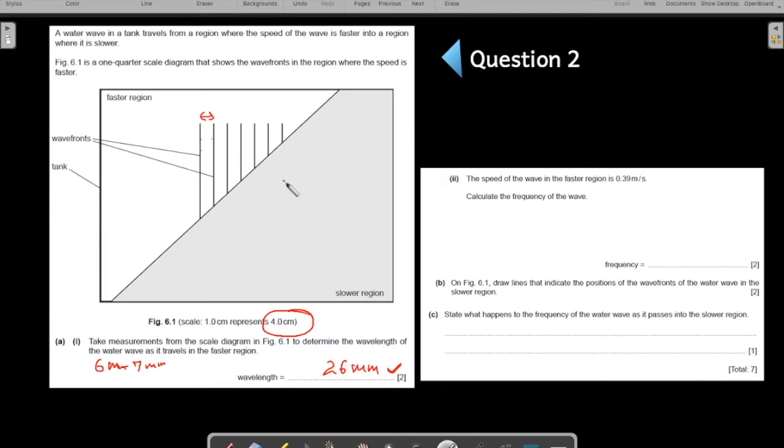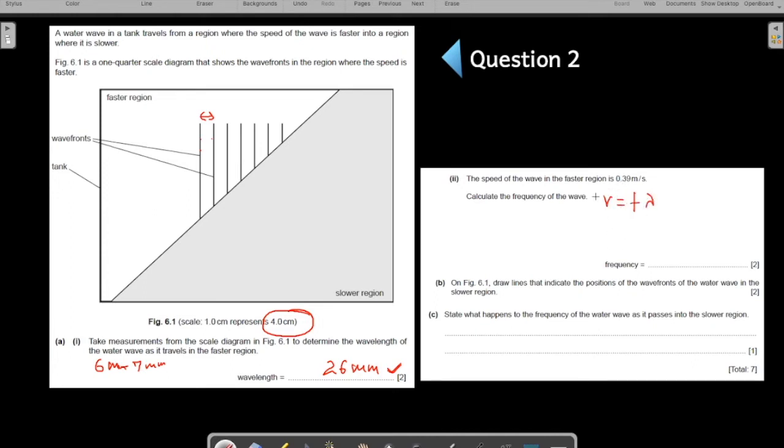All right. The speed of the wave in the faster region is given to you. Calculate the frequency of the wave. In the faster region, you know the wavelength, you know the speed. You can calculate the frequency by using the wave equation. The wave equation says V is equal to F times lambda.